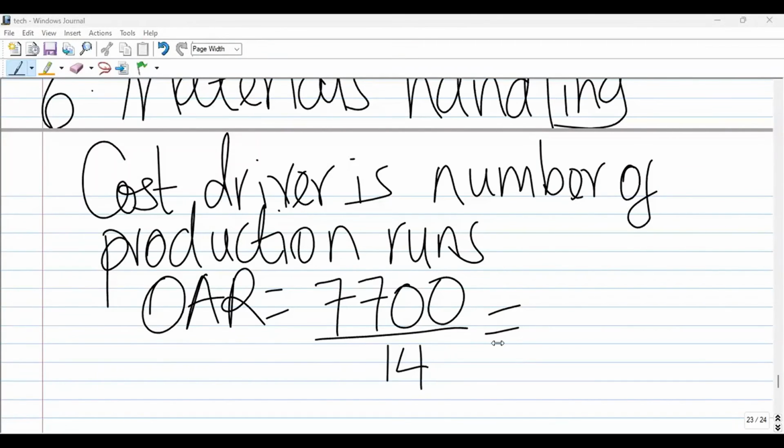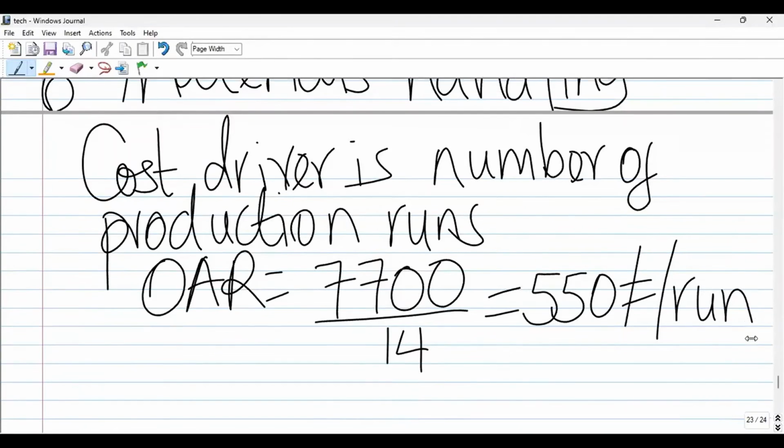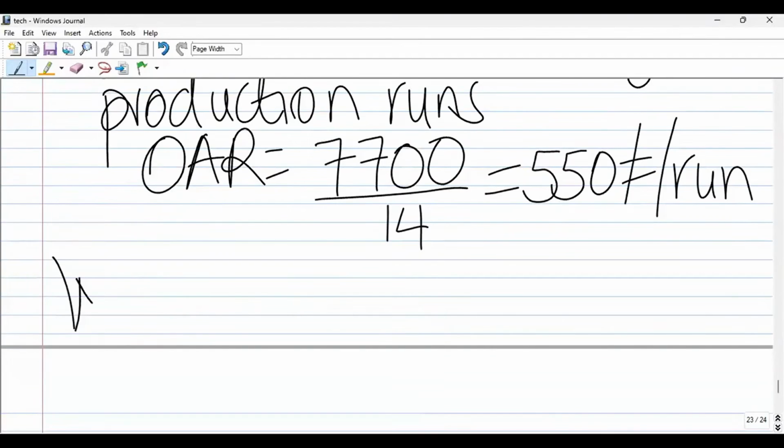So what do we get there? 550 shillings per run. So who is handling the materials? It is the machines. And what are machines depending on to handle the materials? They are depending on the runs that are being made.